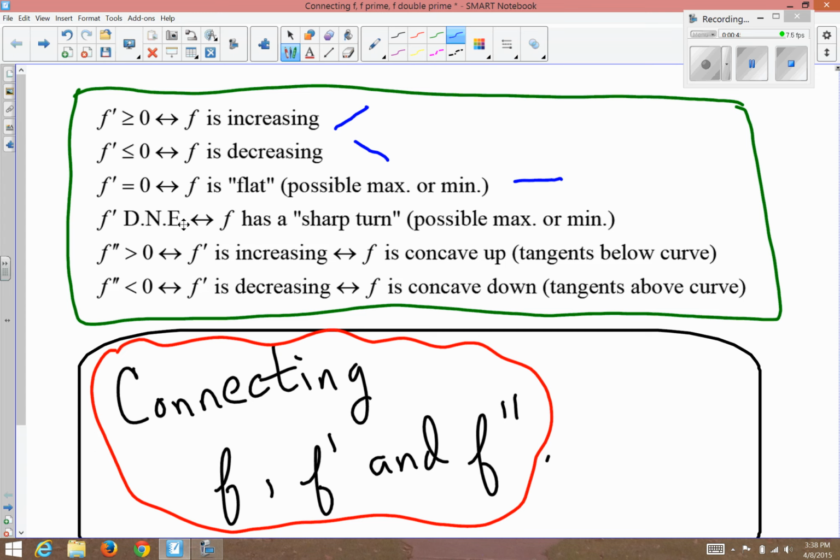If f prime does not exist, that's where f has a sharp turn, like possibly this. I've got a better example.